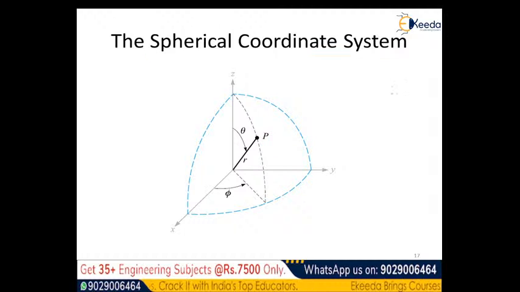So what is r? When we join the position of this point P with the position of the point O, which is the origin, the intersection of the three axes, that line segment we have to imagine as the radius of a sphere. So when you have the three axes like this, you have to imagine a sphere.